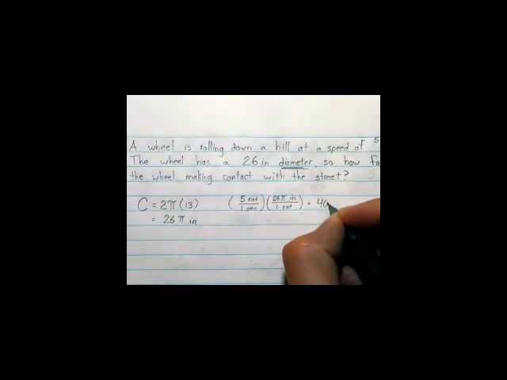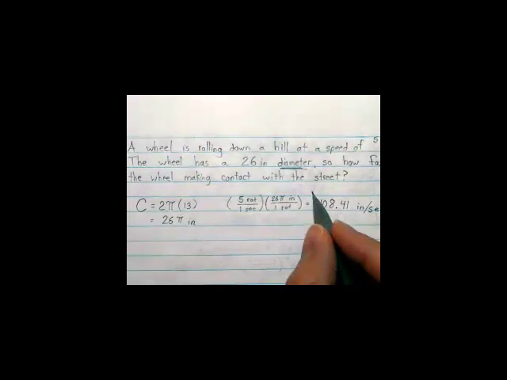So 26 pi times 5, and you can go ahead and drop the pi and leave it as a decimal, because that makes more sense here. 5 times 26 pi is about 408.41 inches per second. So that wheel is traveling 408 inches per second down the street.